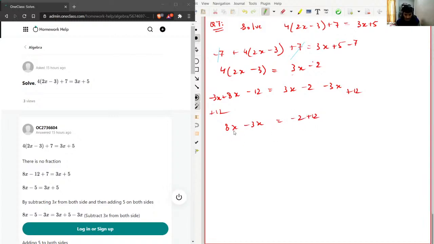So this will become 5x, and this will become 10. Now I'll divide both the sides by 5, and this will become x equal to 10 over 5, which is nothing but 2. Hence our solution should be x equal to 2.